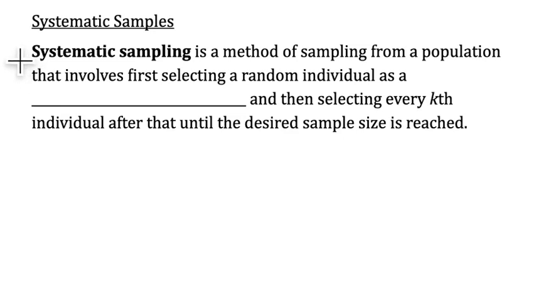Systematic sampling is a method of sampling from a population that involves first selecting a random individual as a starting point, and then selecting every kth individual, like every fifth individual or every 10th individual, after that until the desired sample size is reached.